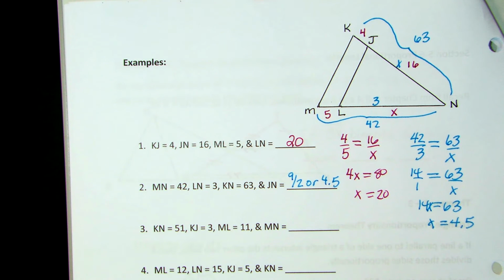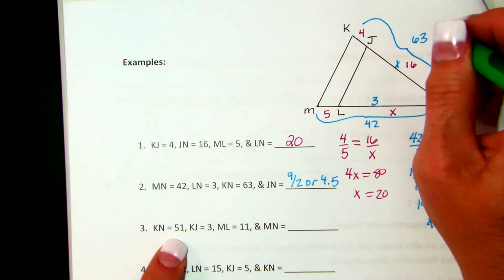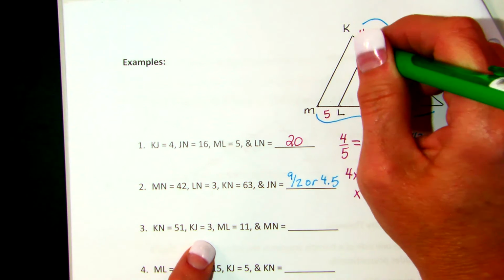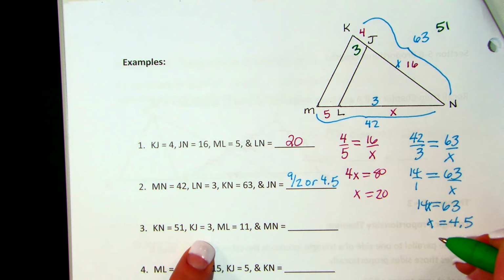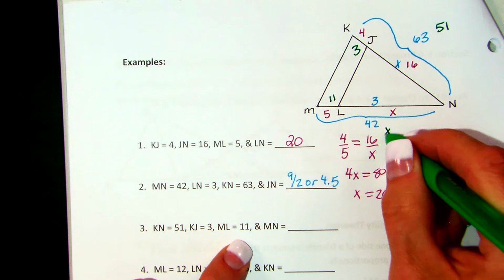And I think I can do maybe one more without getting too messy. Let's see. So if KN is 51 and KJ is 3 and ML is 11, find MN.